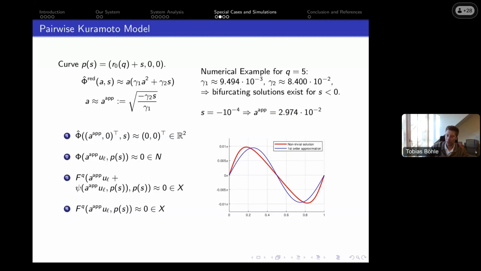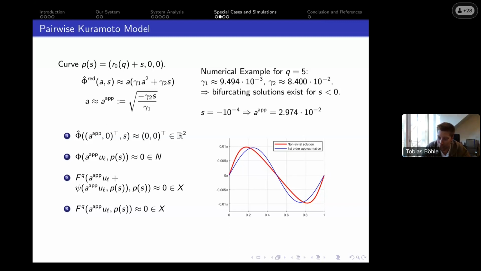And starting from this initial condition, I employed a Newton iteration to find the true non-trivial solution or non-trivial equilibrium of the right-hand side FQ, and it turned out that this non-trivial solution is given by this red line here.